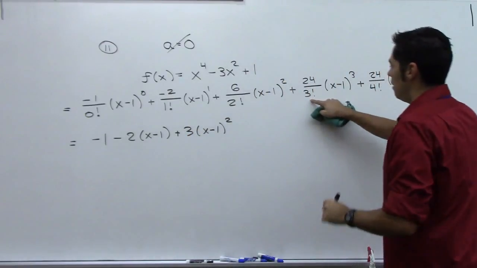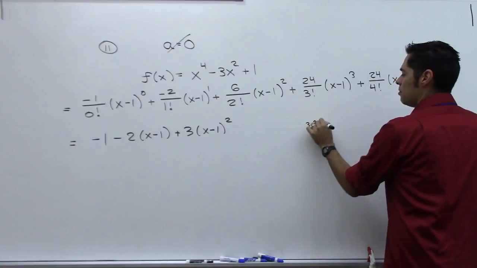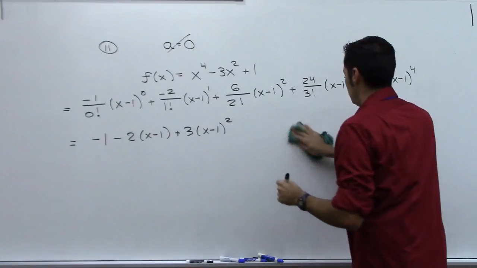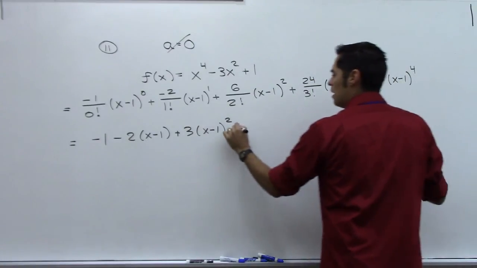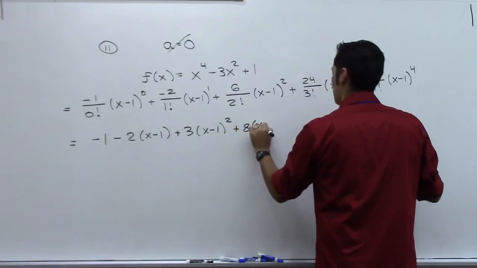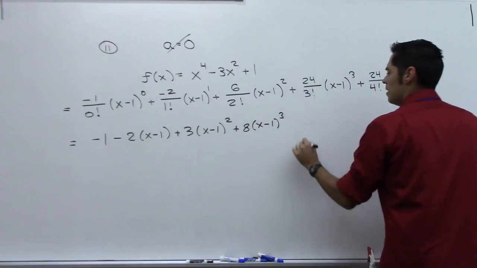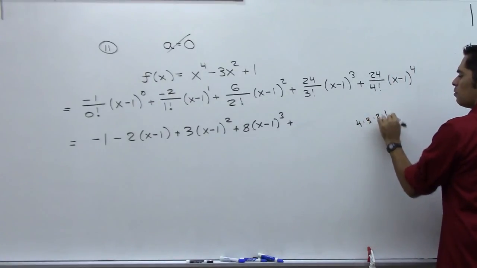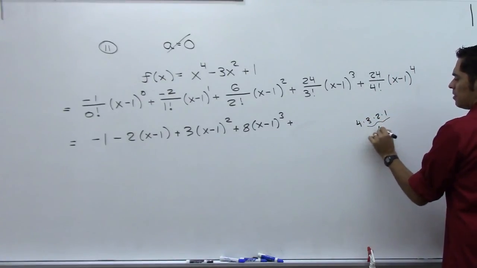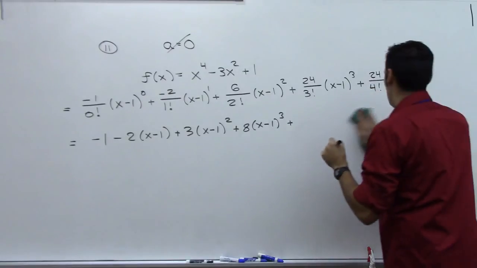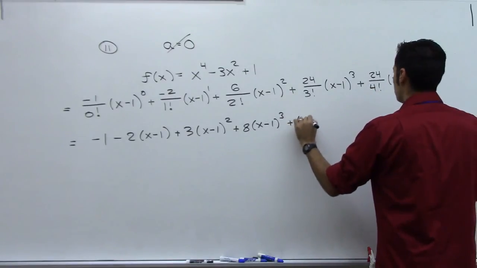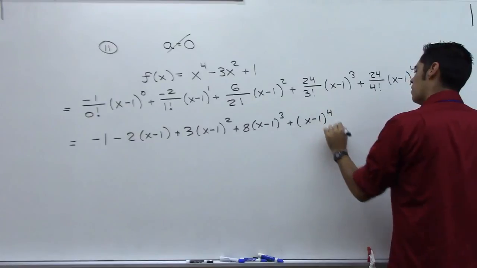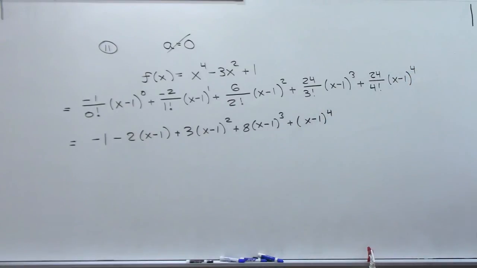And then over here, remember 3 factorial is 3 times 2 times 1, so that's really a 6. And 6 goes into 24 8 times, so 8 times x minus 1 cubed. And then plus, let's see, 4 factorial, 4 times 3 times 2 times 1. We said this was 6. 6 times 4 is 24, so that's just going to be 1. So that's just x minus 1 to the fourth. And that is our Taylor series.